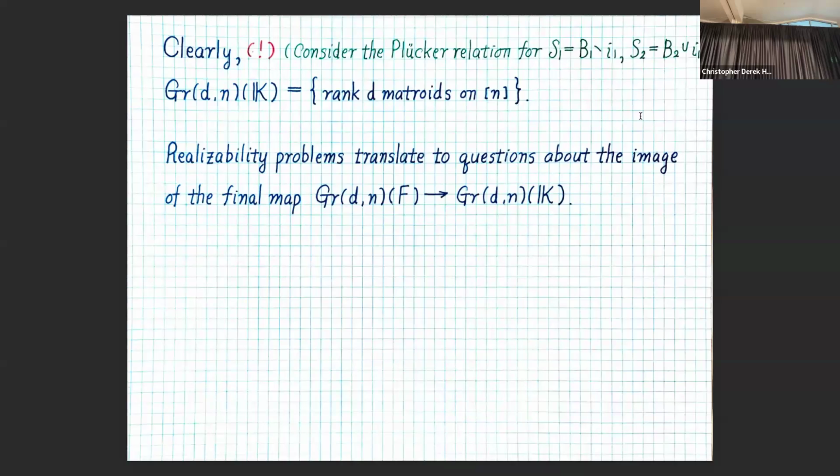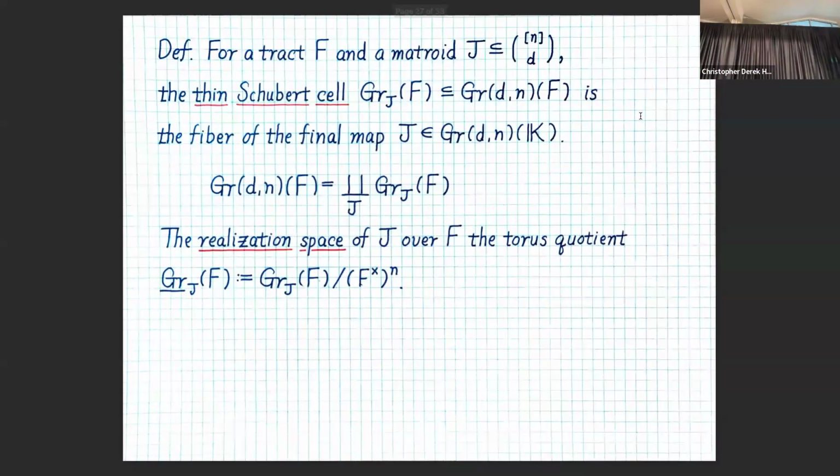They have the structure of a variety or scheme over F. So the definition in general is that for a tract F and a matroid J, the thin Schubert cell Grassmannian over J is the fiber of the final map over J. And this decomposes the Grassmannian into locally closed pieces. And the realization space of J over F is the torus quotient of this thin Schubert cell.